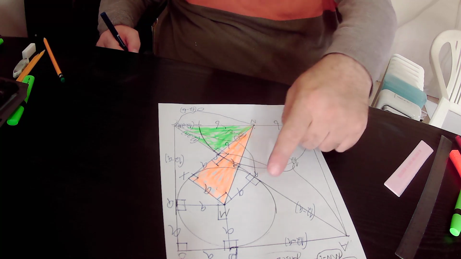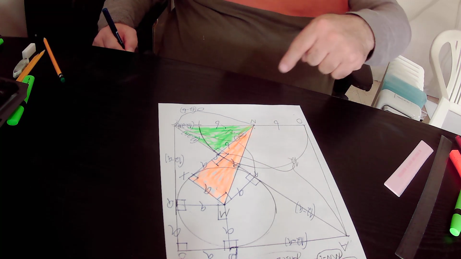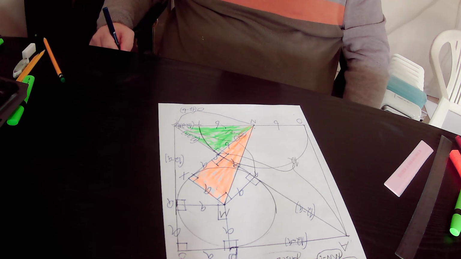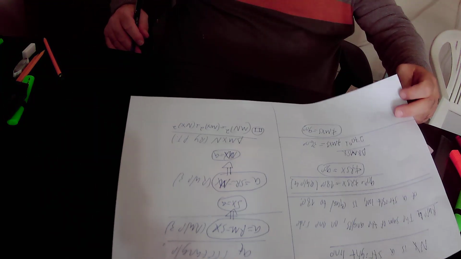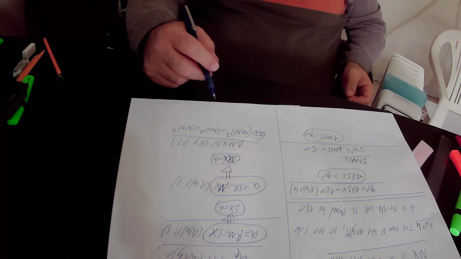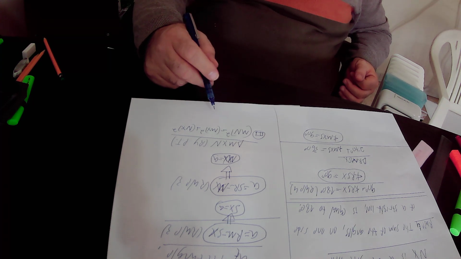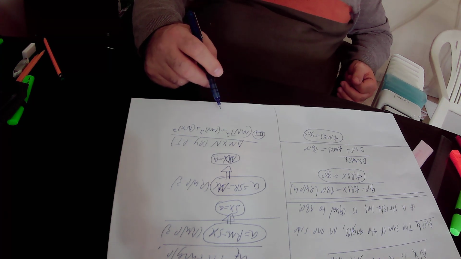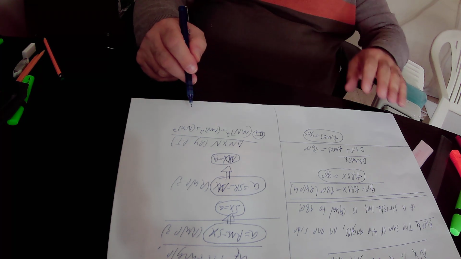That is to say, it must be equal to MX square plus NX square. I'll repeat again, according to the Pythagoras theorem, in the right orange triangle, triangle MXN, the square of the hypotenuse equals the sum of the squares of the perpendiculars. That is to say, MN square equals MX square plus NX square.